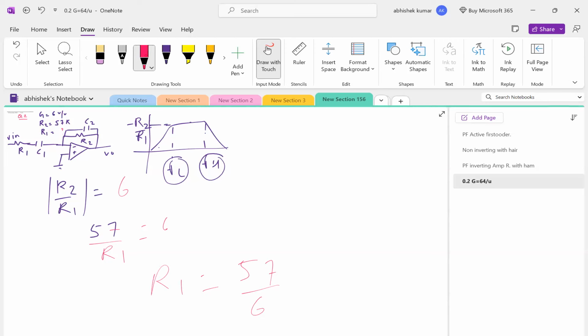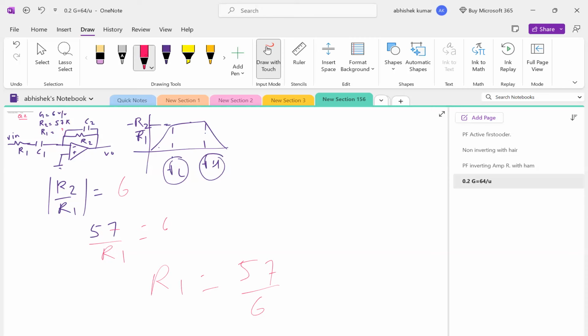If the frequency is not given, do we have to assume something? I mean, they have to give it, we don't know what the frequency is. But if we have to design, then we can take our frequency as 1 kilohertz. If nothing is given, we can do it in that fashion, because that is not in our hand.